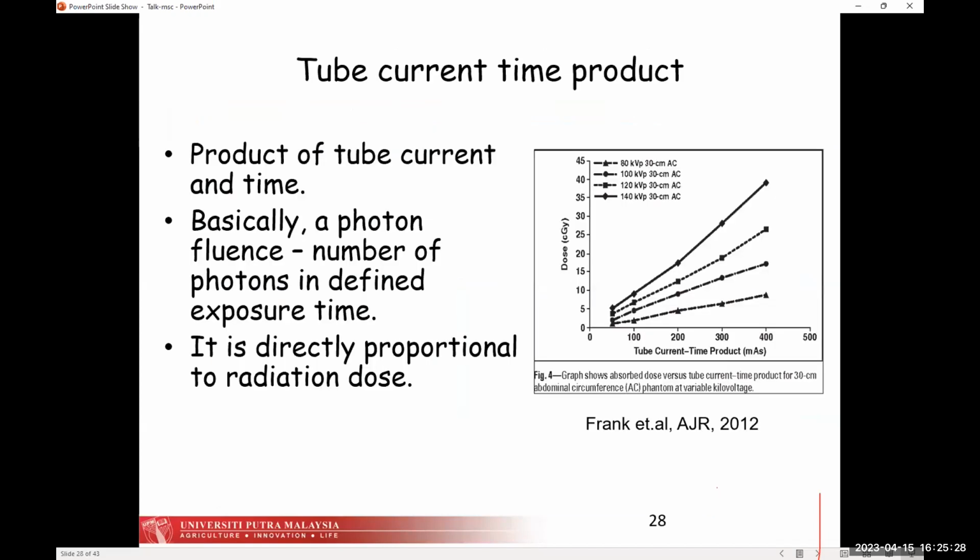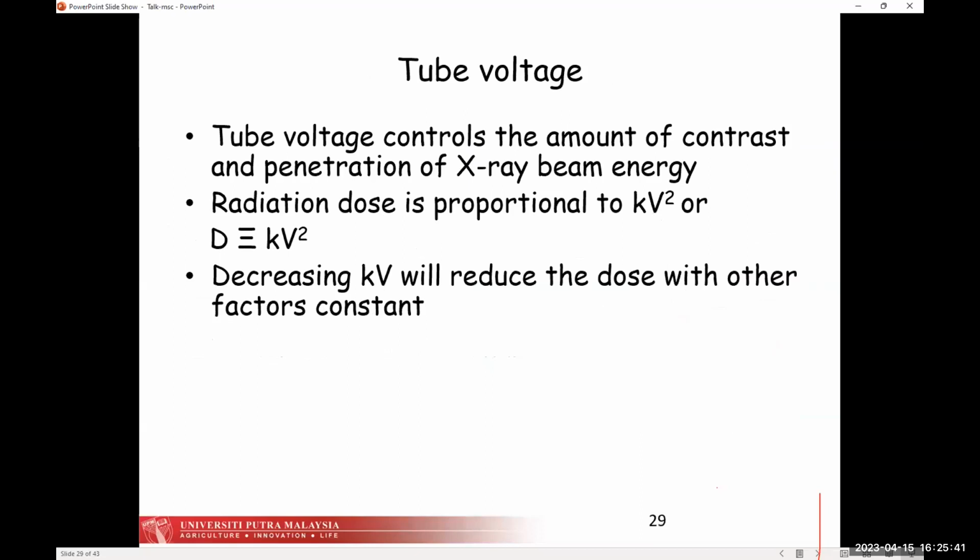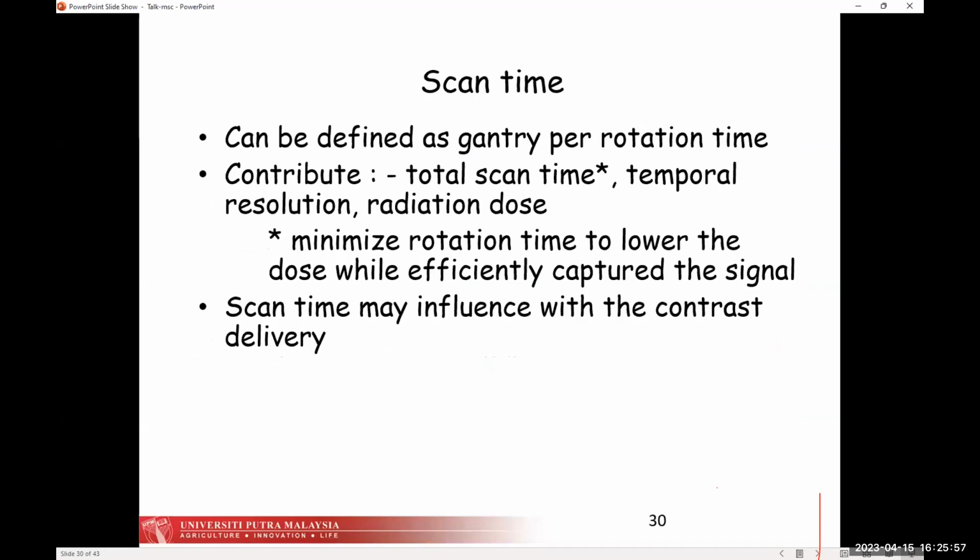We can see that tube current is proportional to the radiation dose. When we increase the tube current, the dose, or the CTDI vol, will be increased. Tube voltage also: the radiation dose is proportional to kV squared. Okay, not the CTDI vol, sorry. And then the scan time.